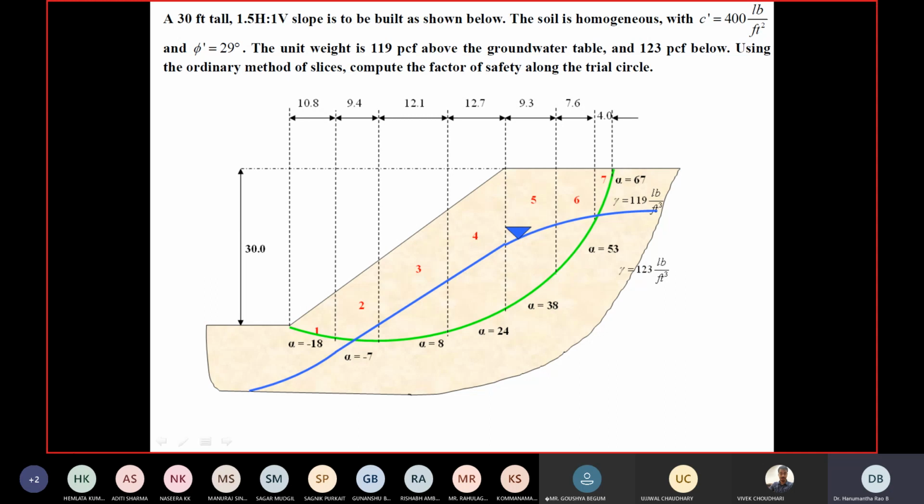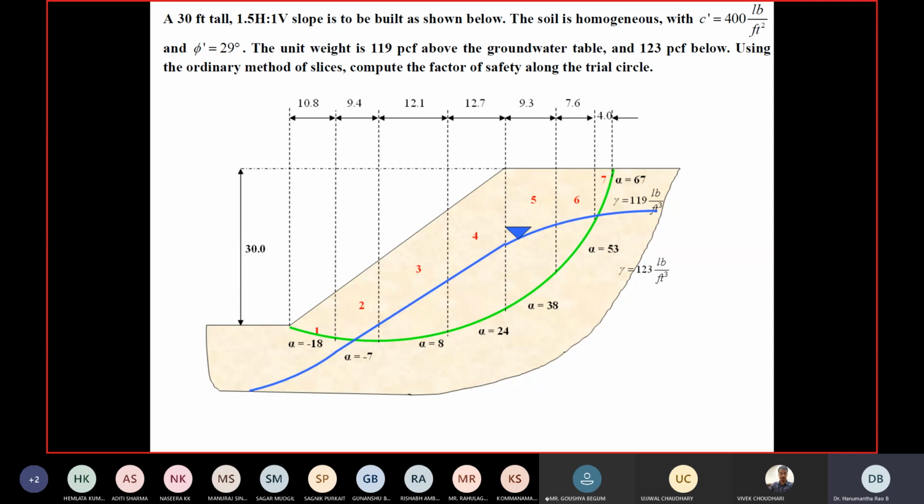So you can approximately consider slice number 1 as a triangle. Here, if you look carefully, you can take it in a reverse way. The width can be taken as a height in this case, but you need to calculate the height of the slice. So this is unknown.